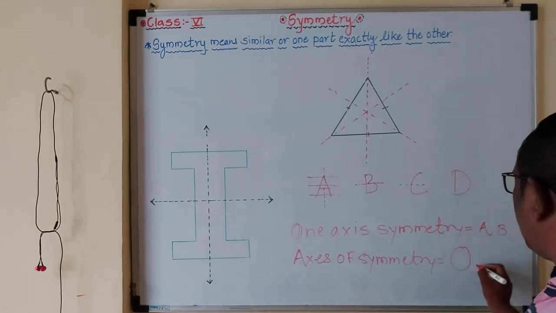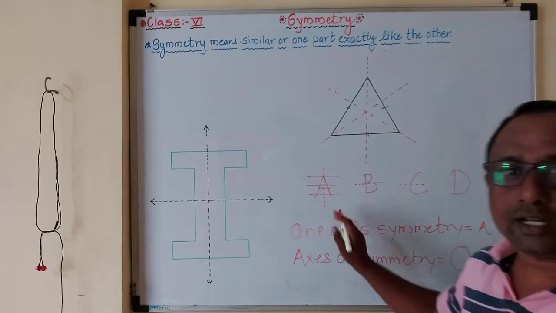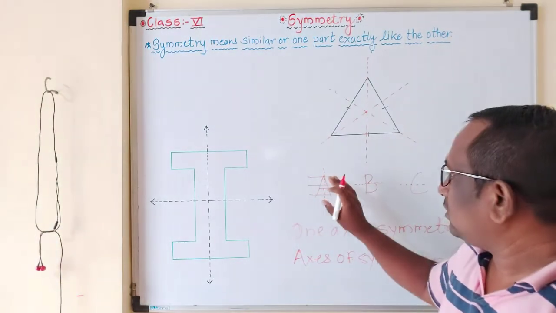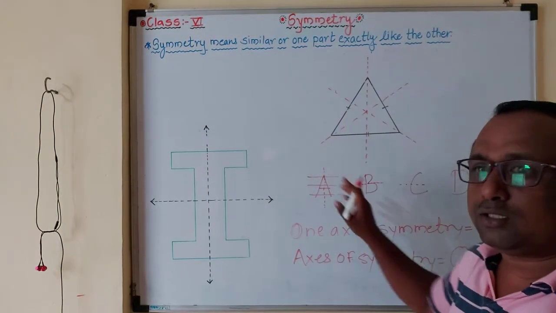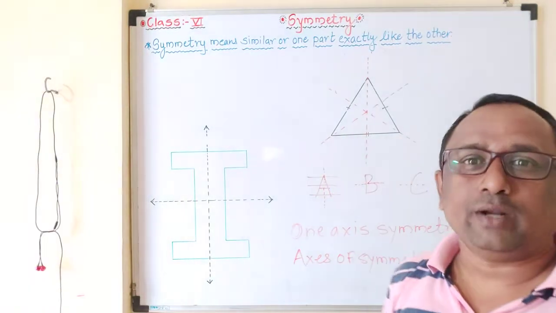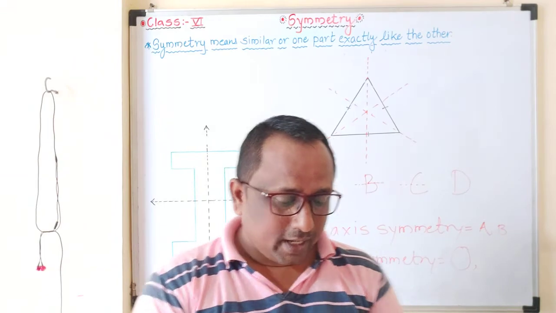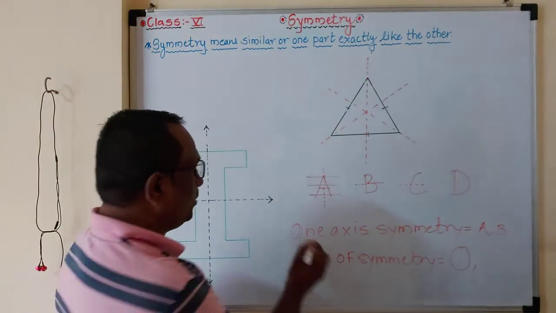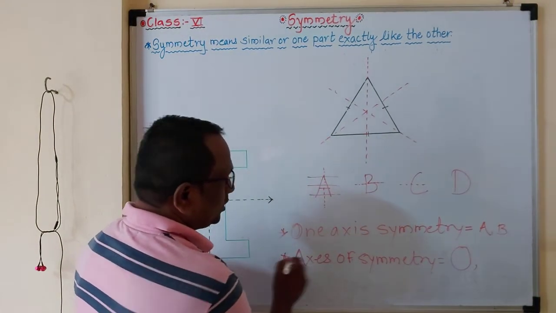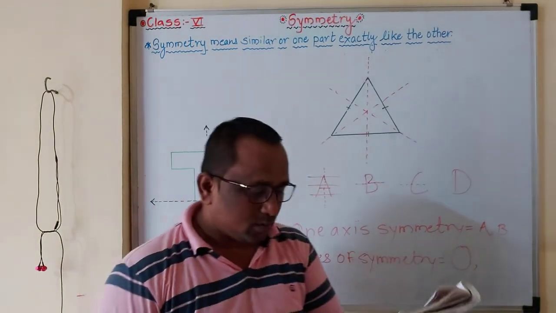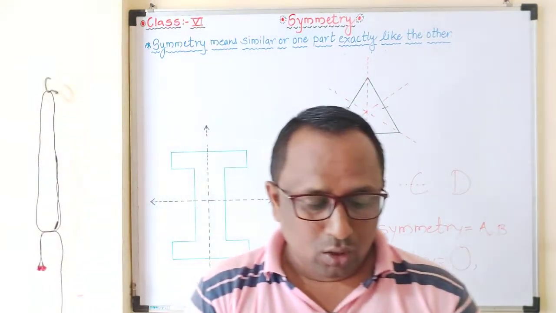Like this you have to write at last. First the question, then all the alphabets, draw the axes of symmetry on each alphabet, and then at last write one axis of symmetry, or more than one axis of symmetry. Like this we have to solve now.